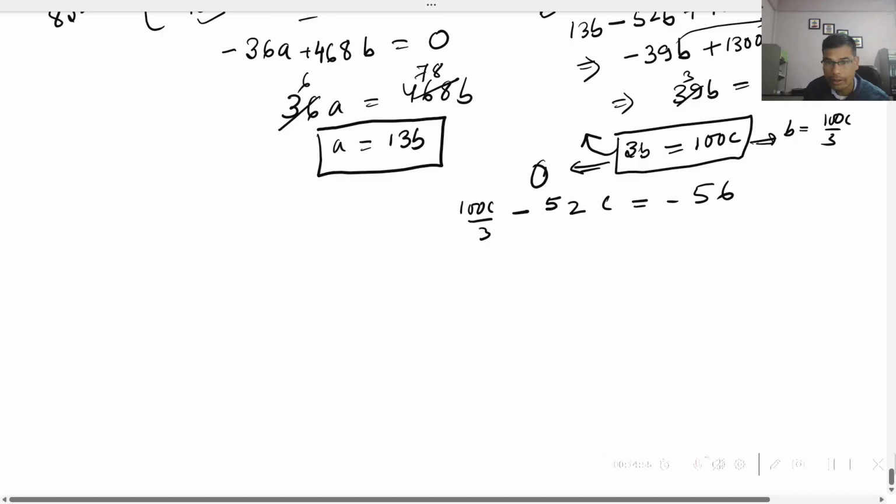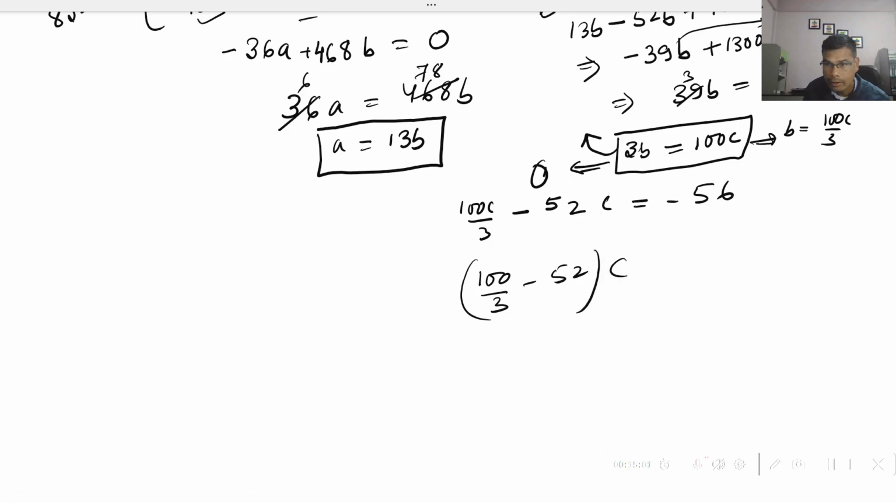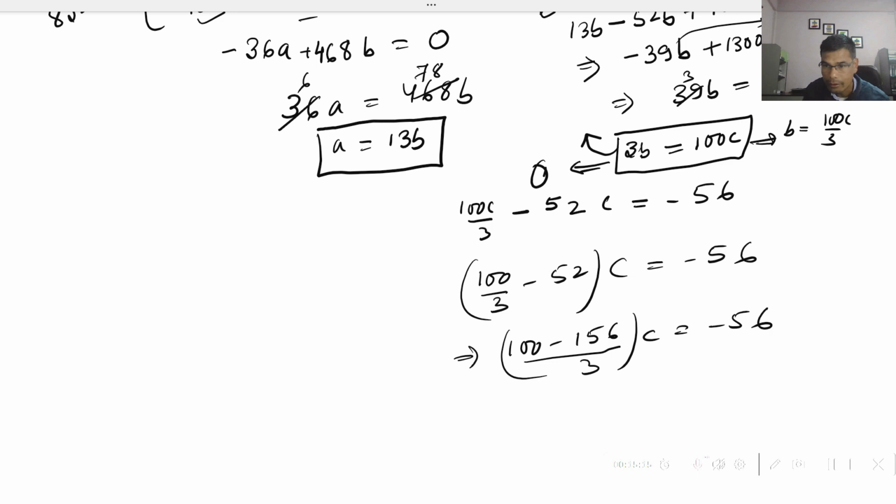So now we have only c here: 100 by 3 minus 52, times c, is equal to minus 56. So this is 100 minus 156 by 3, whole thing of c, and this is minus 56.